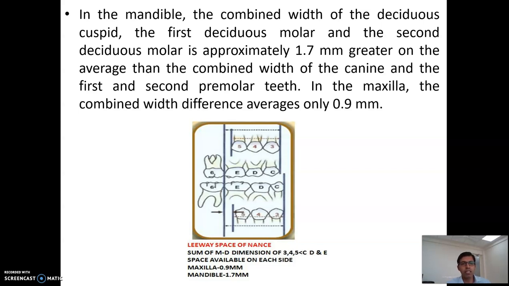In the maxillary arch, the combined width difference is only 0.9 per quadrant. So for the whole mandibular arch, the leeway space of Nance is around 3.4 millimeters, and for the maxillary arch it is 0.9 plus 0.9, that is 1.8 millimeters.